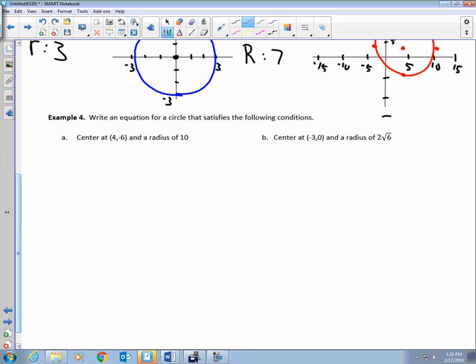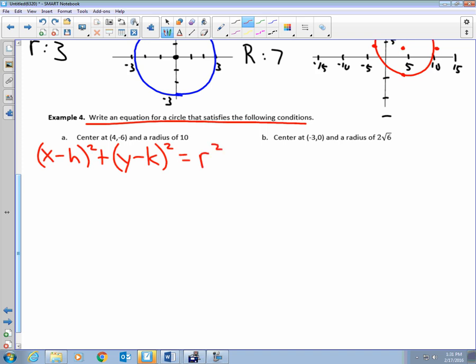So now, instead of identifying the center and the radius and graphing it, what we're going to do is write an equation that satisfies it. So it says center at 4, -6. So remember, it's x minus h quantity squared plus y minus k quantity squared is equal to r squared. I have h, I have k, and I have r.